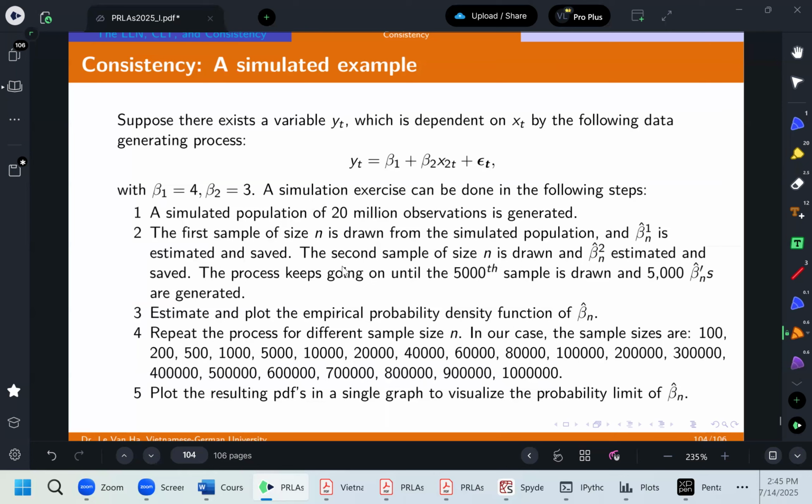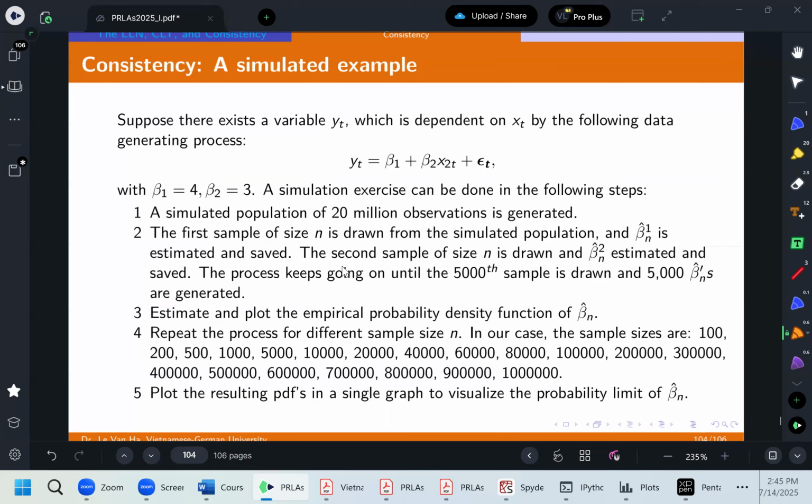Để làm được cái này thì em phải tạo 5.000 lần, mỗi lần làm một sample 500 người, 500 observation. Em ước lượng xong thì vẽ đồ thị của 5.000 lần này lên để thấy.